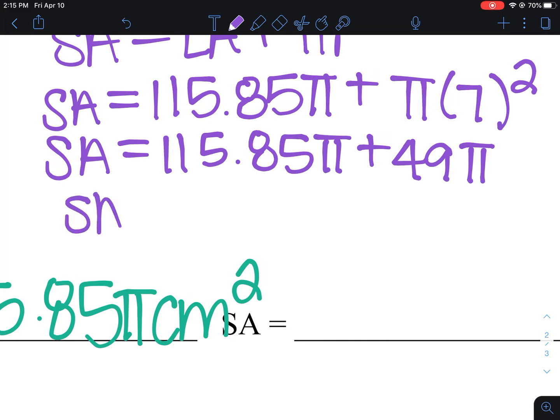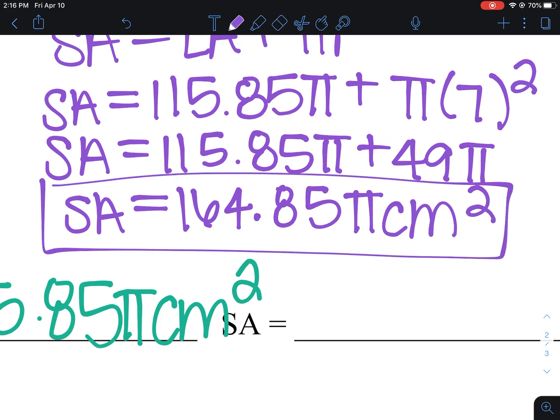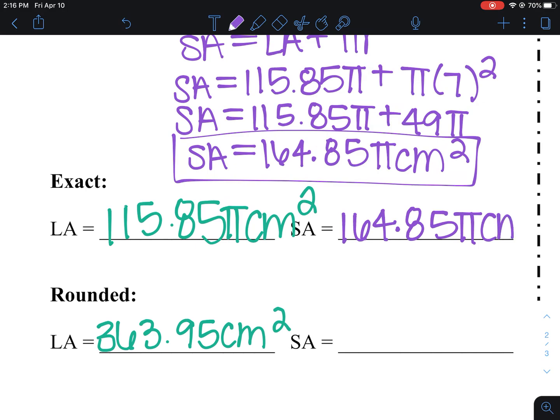So when you combine those, 115.85 plus 49, that's 164.85 pi centimeters squared. This is kind of an ugly problem, but that's okay. Those same rules still apply. 164.85 pi centimeters squared.